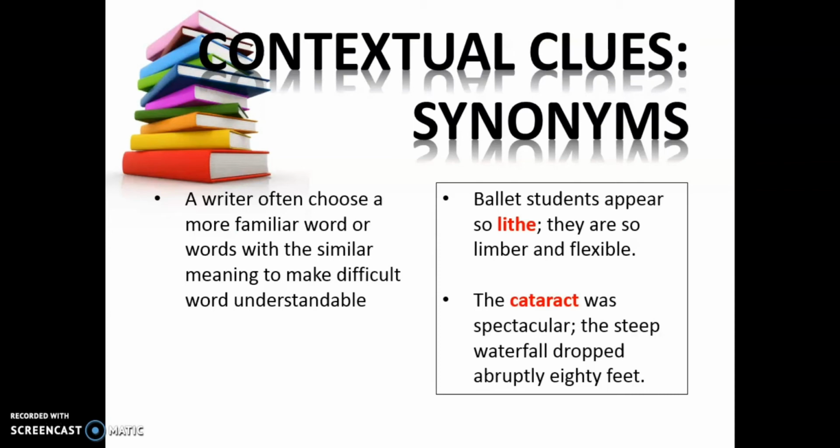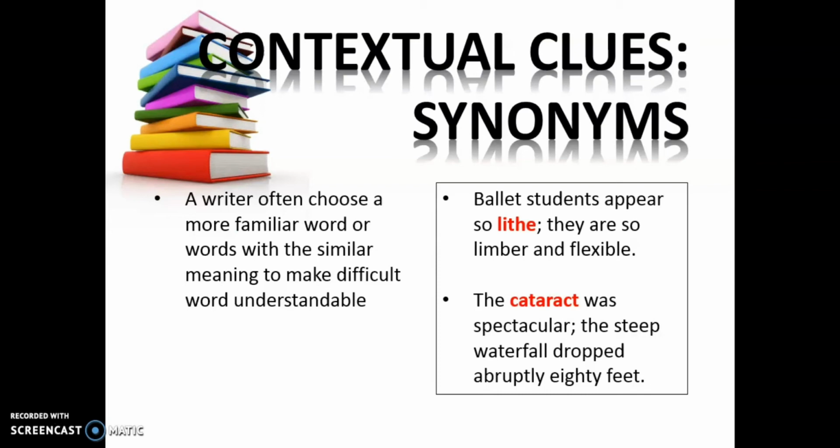You don't know what's the meaning of lithe, but you can always guess it based on how the author portrays the word in the sentence itself. They are so limber and flexible. The author has given you the synonym of lithe. Supple, flexible, agile, limber. Someone is able to move and bend their body easily and gracefully.